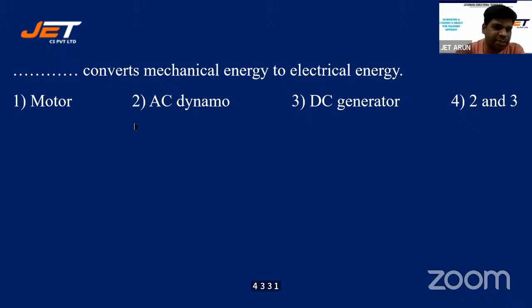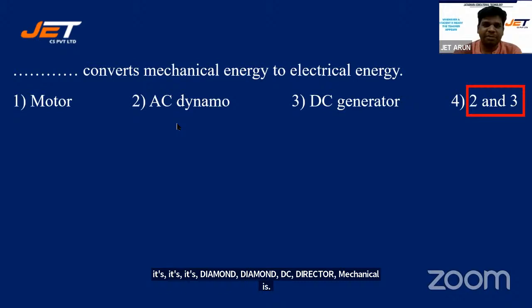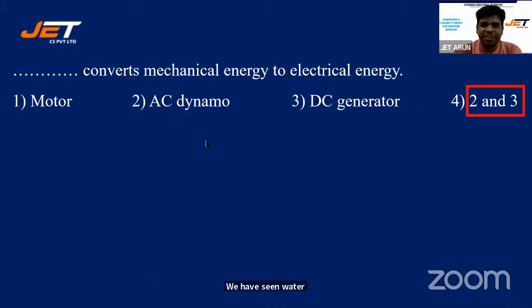Sharan and Pranati, okay. It's AC dynamo and DC generator, students. Electric to mechanical is, we have seen, motor, but the converse, AC dynamo and DC generator convert mechanical energy to electrical energy.